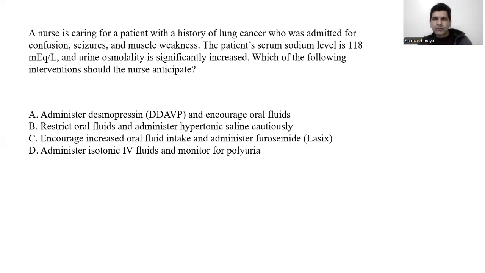Before we go to the options, let me first highlight the keywords in the question that can give you clues what this condition is and how we need to approach this question. The very first keyword is a patient with a history of lung cancer.